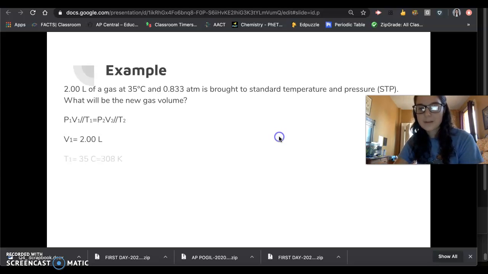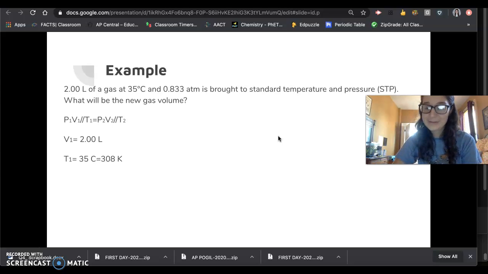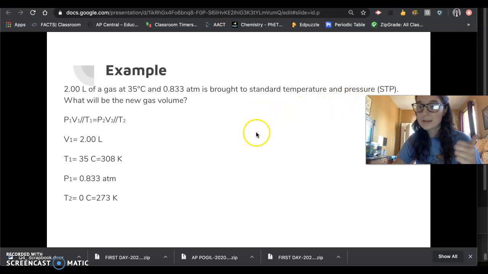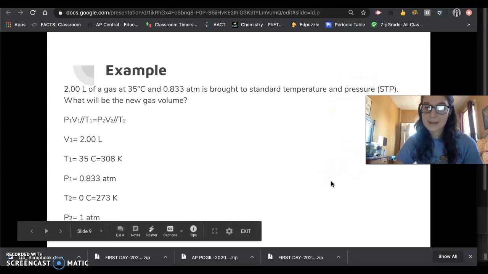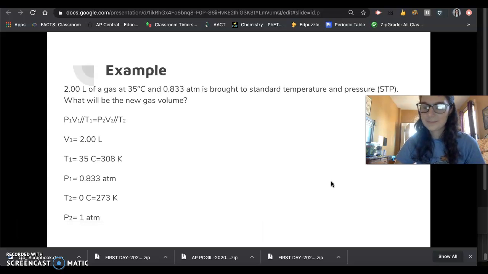Our initial volume is 2 liters, initial temperature is 308 Kelvin, remember to add 273, and our initial pressure is 0.833 atmospheres. Our final temperature, standard temperature and pressure, means 0 degrees Celsius, which is 273 Kelvin. Standard temperature and pressure also means 1 atmosphere, so our second pressure is going to be 1 atmosphere.